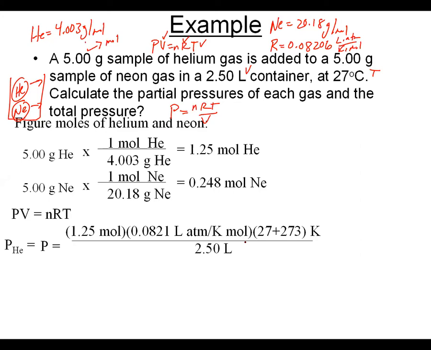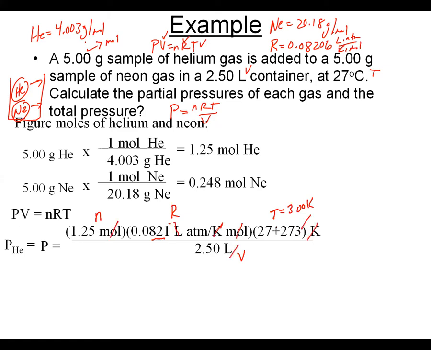And this is our V down here, which is the 2.50 liters. All the units are going to cancel. The only unit that won't cancel is the atmospheres. The moles will cancel, Kelvin will cancel, liters will cancel.